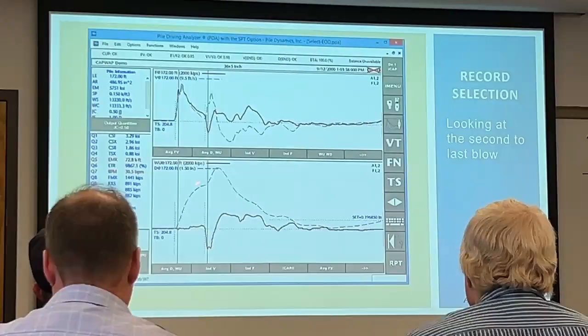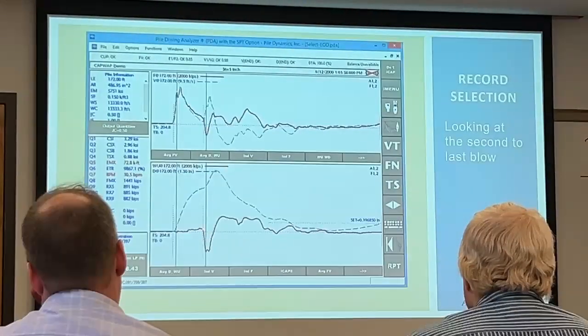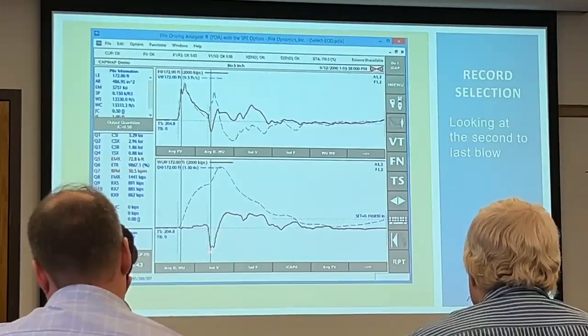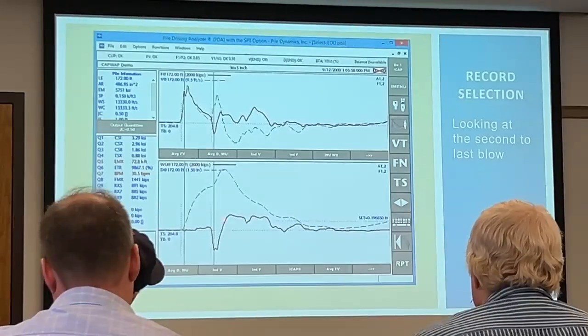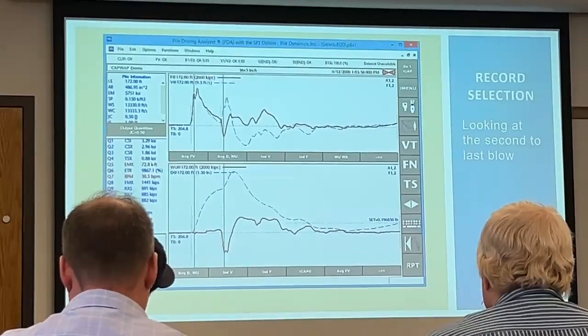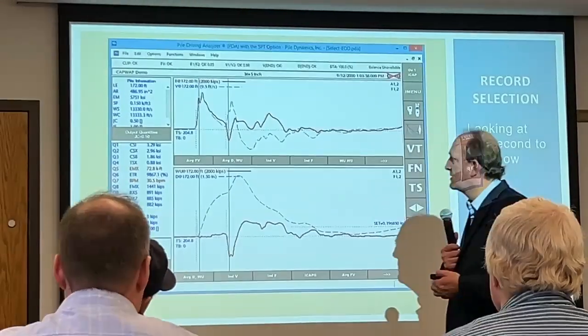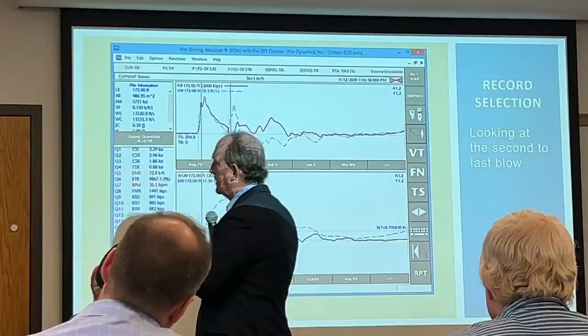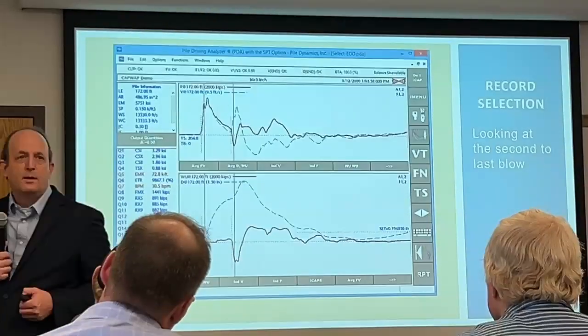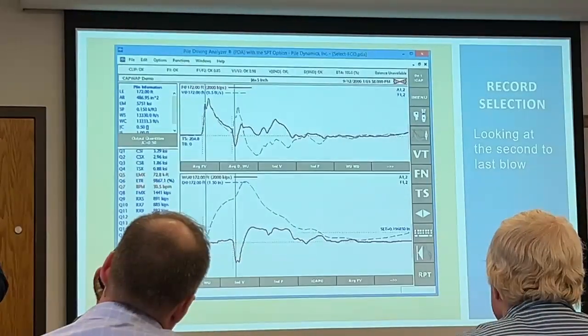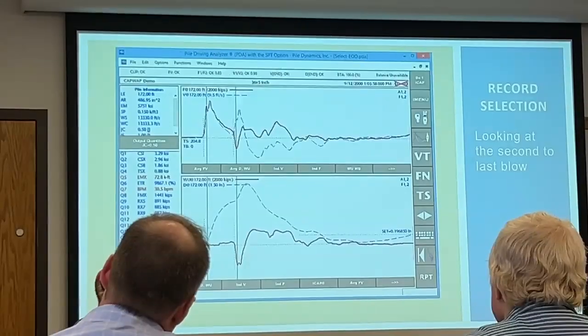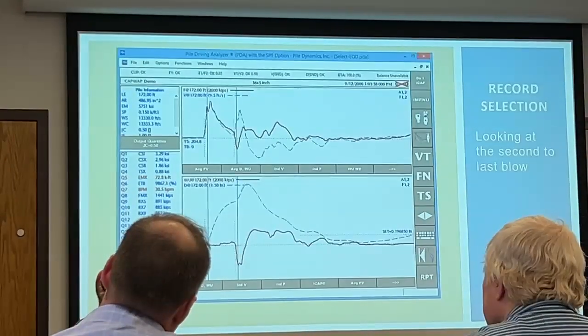But looking at our wave up, we see the indicator in tension of the free end, followed by a big compression response that's late. So this is telling us that this concrete pile is pushing into something a little soft, and it pushes in a little bit more, and then when that happens, the soil pushes back.